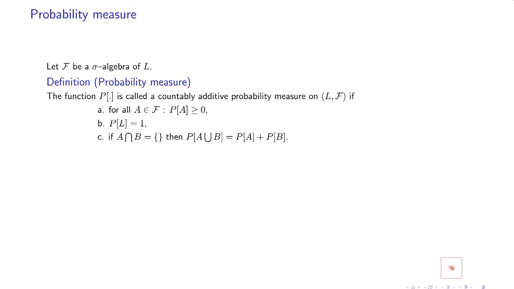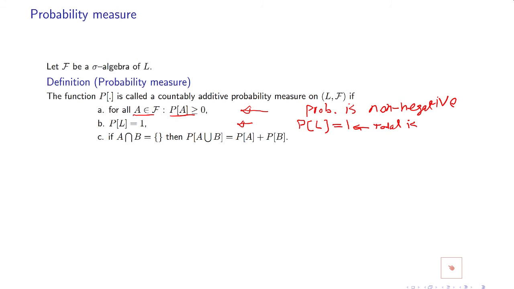First of all, for any member of the sigma algebra, probability is non-negative. The second property is that the probability of your whole set, of all possible outcomes, is 1. So the total probability is 1, not less than 1, not more.